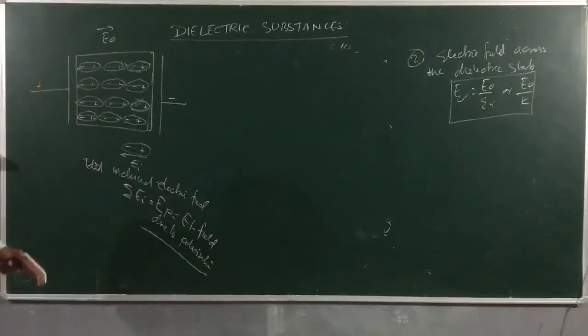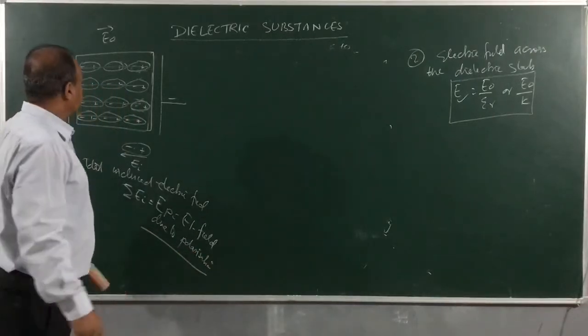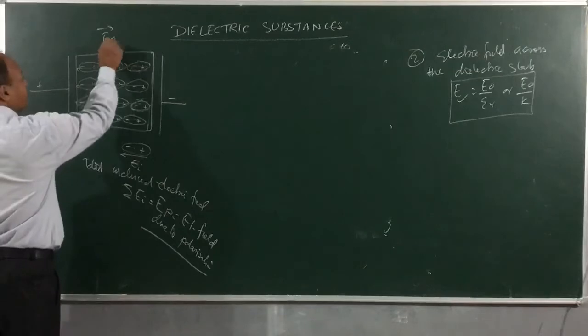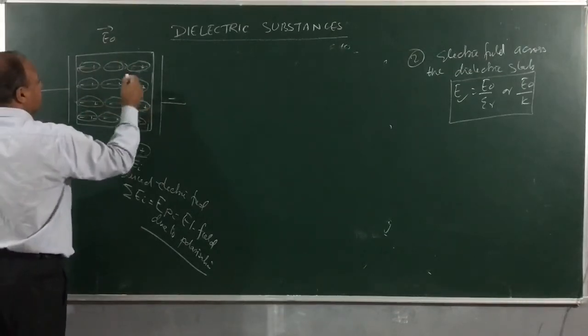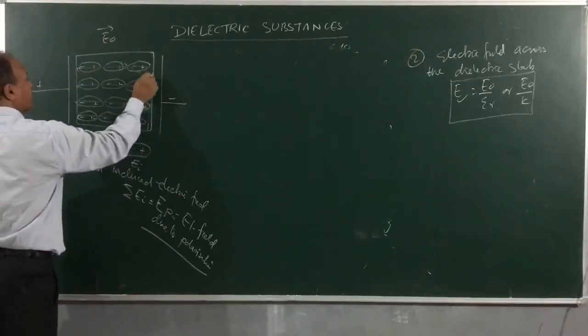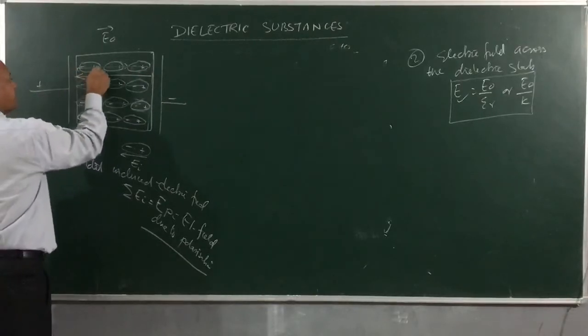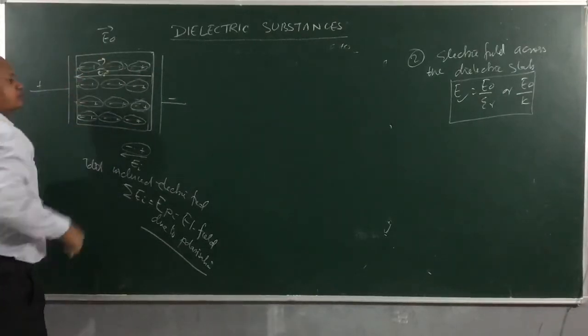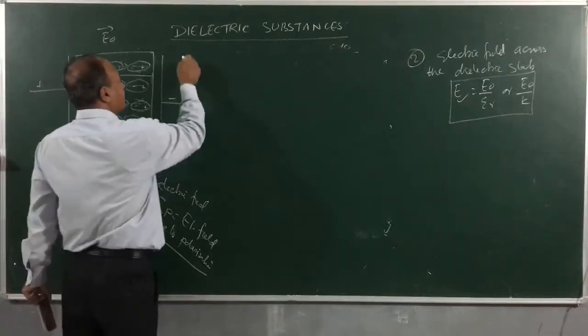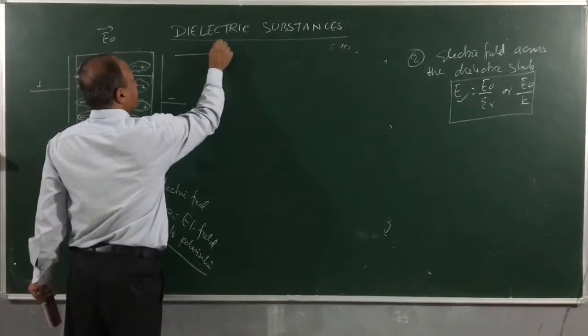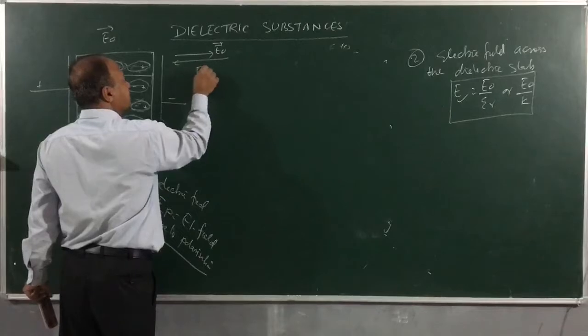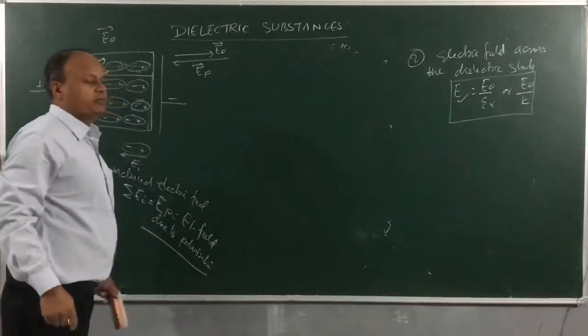So number 3, if I am applying electric field E naught here, then this slab will have an electric field in the opposite direction. This will be E P. So this is E naught which I am applying, and this is E P which is produced due to polarization.